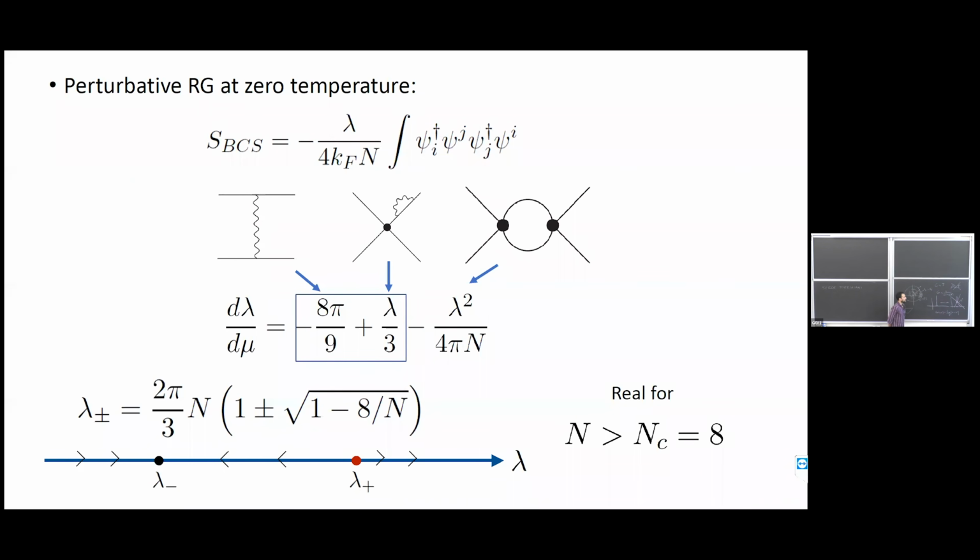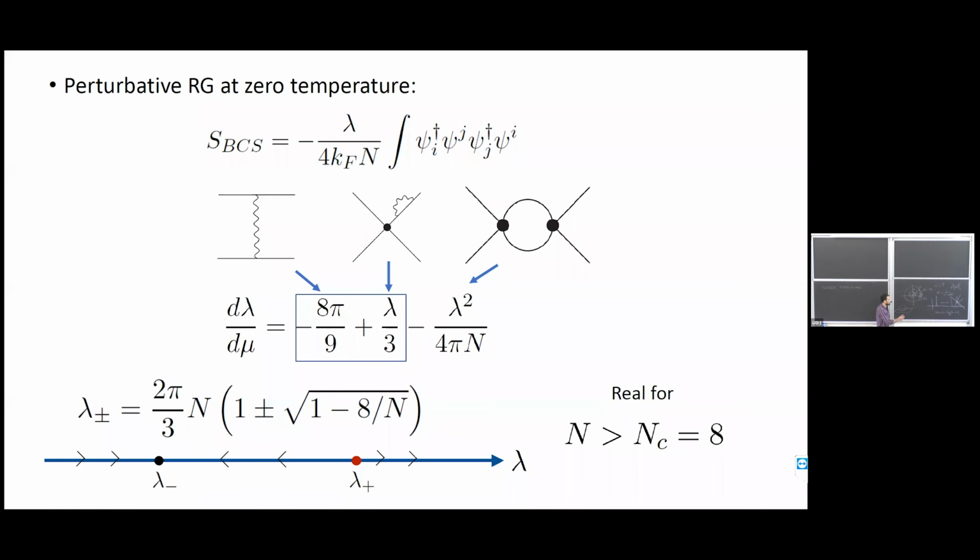And so if there are fixed points of this beta function, they are given by solutions of the quadratic equation. The important thing about that is that we have a square root, which may become imaginary. So we see that there are two fixed points. The lambda minus is IR stable. The lambda plus is UV stable.